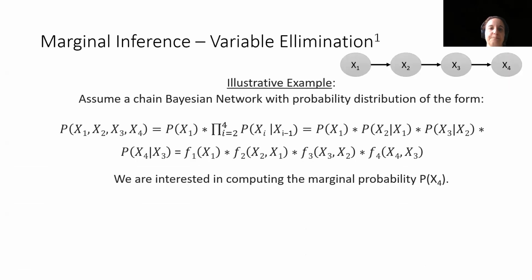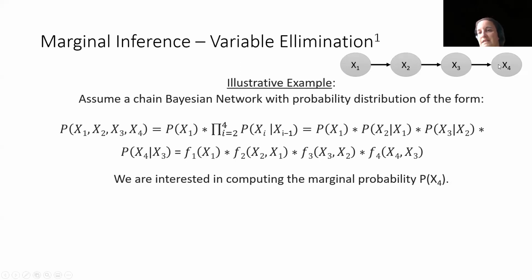Okay. So the first one and the simplest and the basis of others is what we call variable elimination. We'll start with an example. Assume here that we have a Bayesian network, which is a chain, the one that is shown in the right part of the slides, where we have 4 variables, x1, x2, x3, and x4.